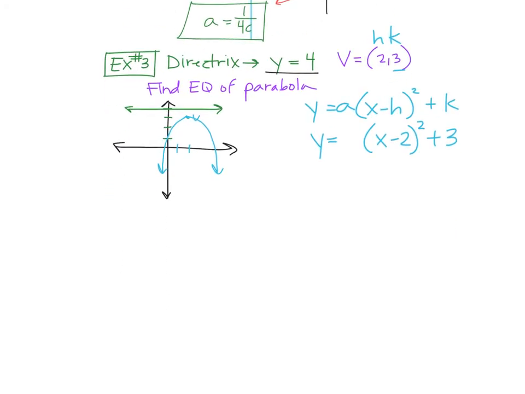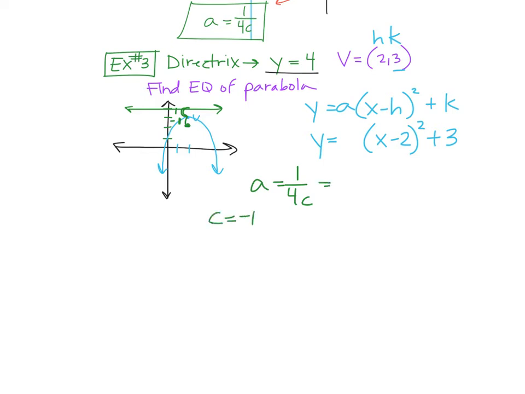So the formula, a equals 1 over 4c, right? We got to figure out what c is. Now, if you look up here, the distance to our directrix is 1. So the distance to our focus is going to be 1. But notice we're going down 1. It's opening down, so it's going to be a negative 1 for our c.